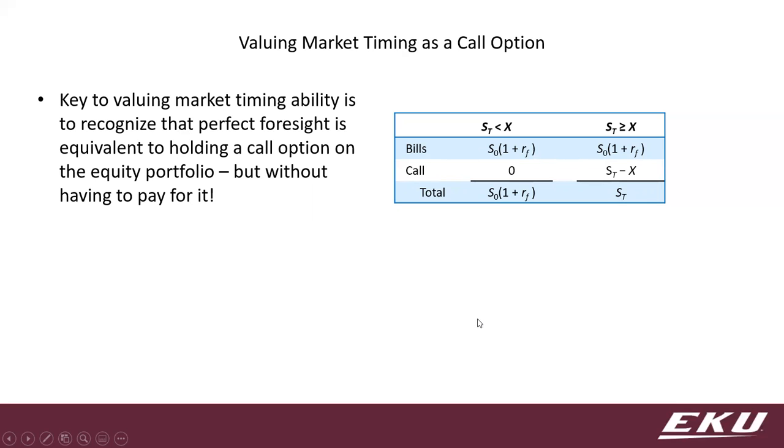I could always just go into the market and exercise in the event that the current stock price is above some exercise price, right? And so it's by using the timing itself, it's a synthetic call that I don't have to pay for, right? Which is the best part.